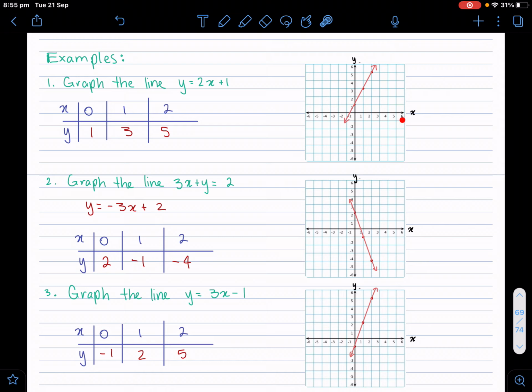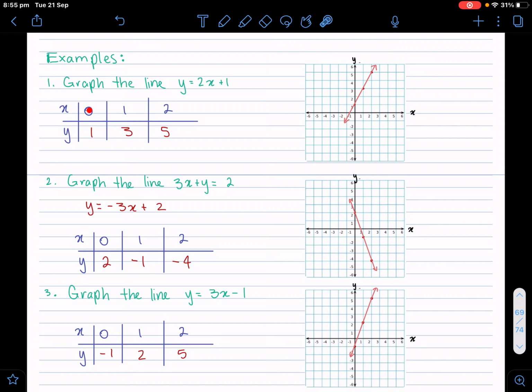I'm not going to pick -30 or 25 because it doesn't exist on this Cartesian plane. If this was a bigger Cartesian plane and it did go up to that, then you can use those values as well. One of the most common values to use is from -3 to 3. But in this case, I've used 0, 1, and 2. But as I said, you can use any x values from what is given on the Cartesian plane that you're going to use to graph it on.